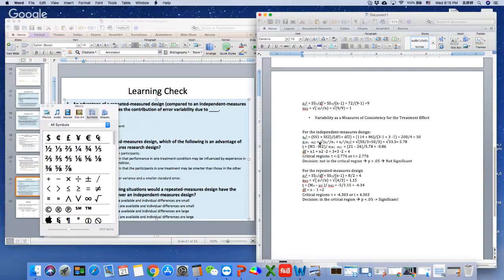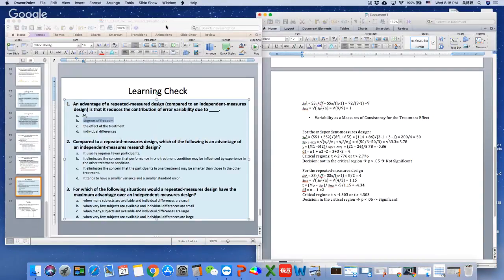For between subject design, the degrees of freedom is bigger, and the boundary, right, is closer to 0. So it doesn't reduce the contribution of the error variability. But here in the repeated measure design, we use the same group of subjects. So we reduce the variability of the individual difference.